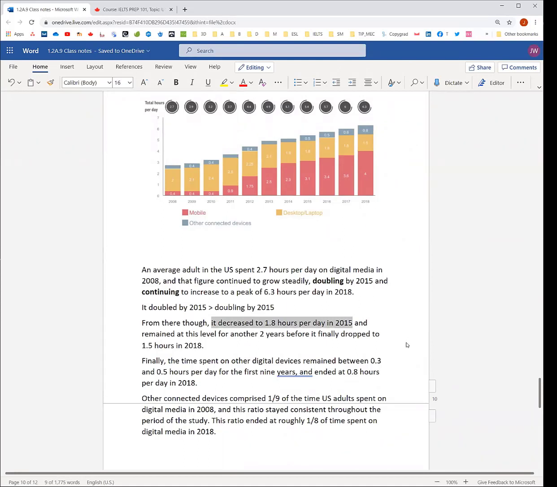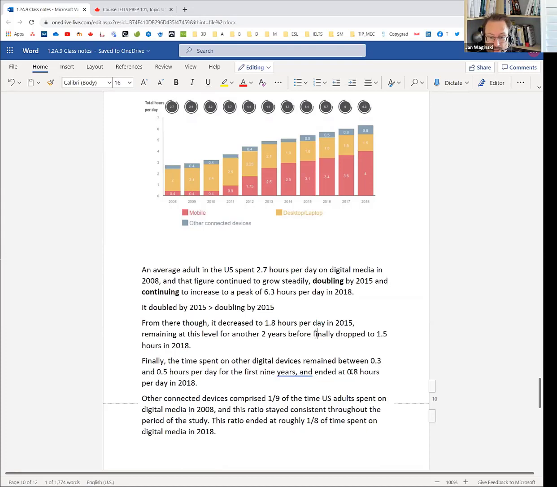Yeah. So it will be from there, though it decreased to 1.8 hours per day in 2015 and remaining. We're going to get rid of and. Yeah, remaining another 2 years. At this level for another 2 years before finally dropping.